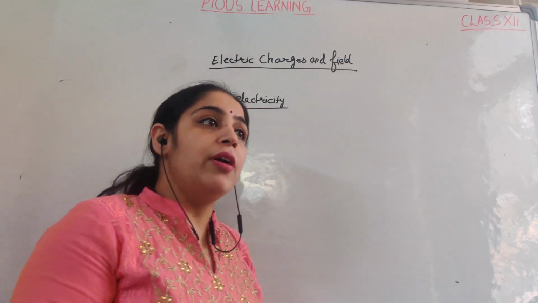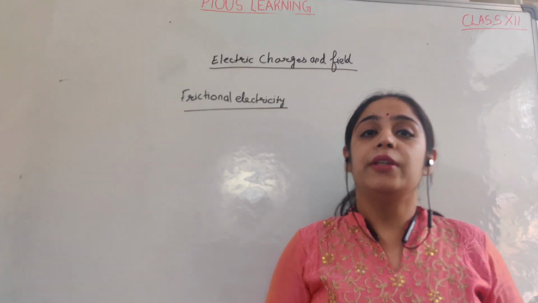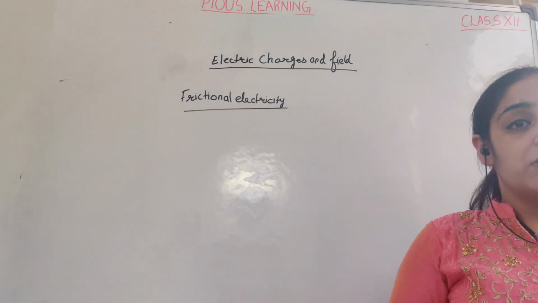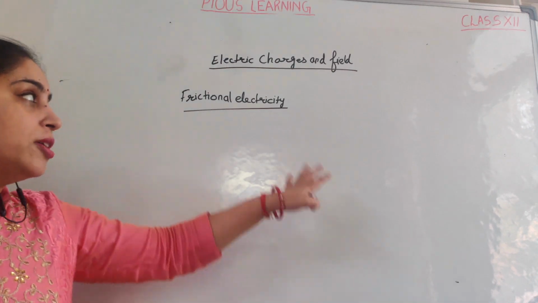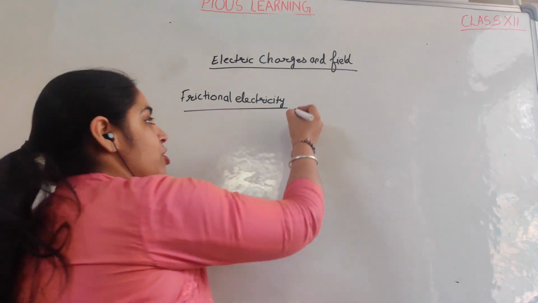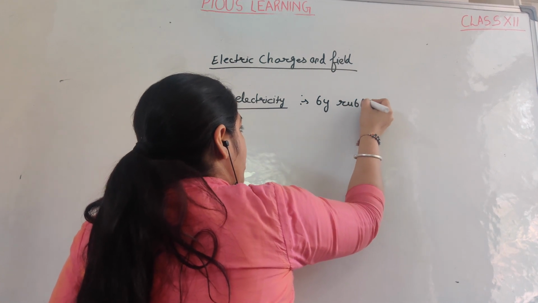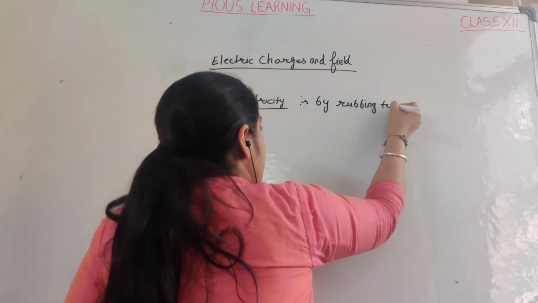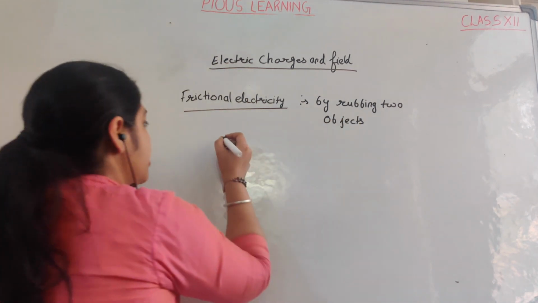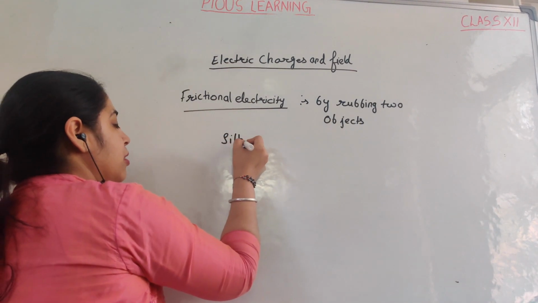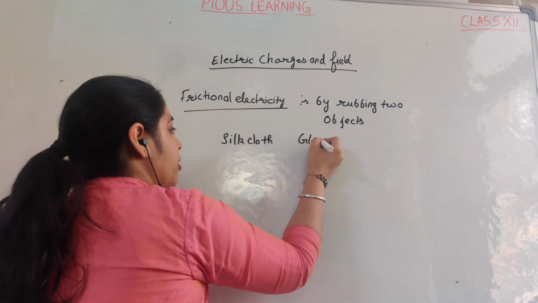Like in the glass rod, electrons will transfer to the silk cloth, thereby giving the glass rod the positive charge and the silk cloth the negative charge. So this type of electricity, which is obtained by rubbing two objects, is known as frictional electricity.